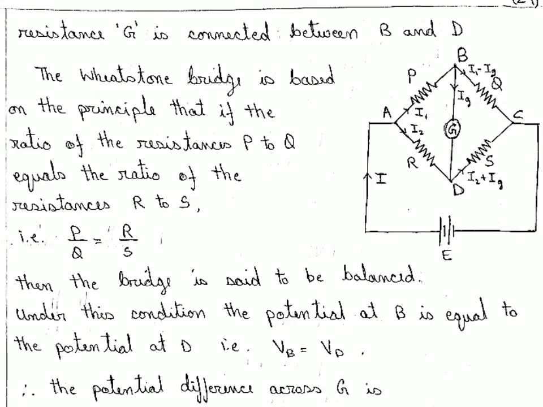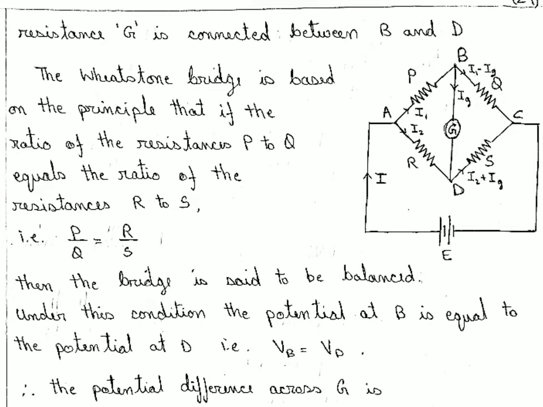So this is a Wheatstone bridge, and there is a principle on which this bridge works. The working of this Wheatstone bridge is based on the fact that if the ratio of the resistance P to Q equals the ratio of the resistances R to S, that is P divided by Q is equal to R divided by S, then the bridge is said to be balanced.